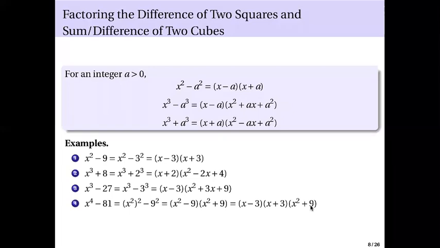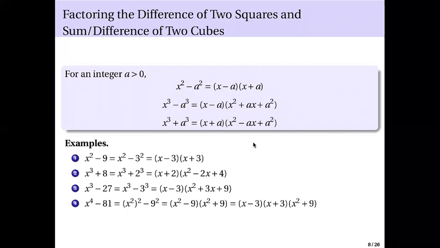Other questions? So the hint that I was telling you earlier is how to identify whether this is no longer factorable.